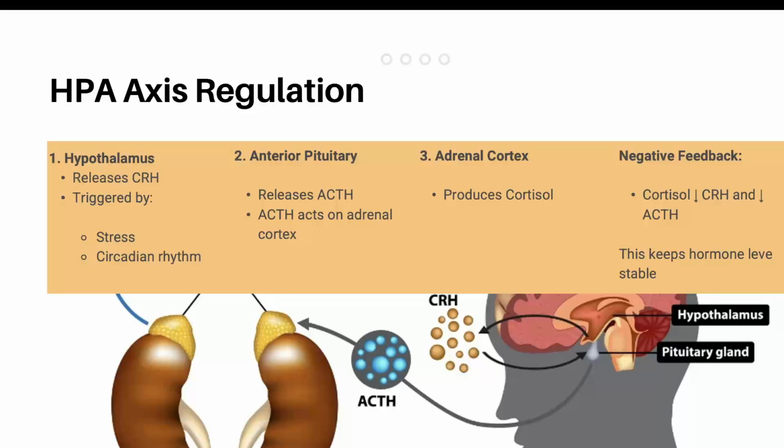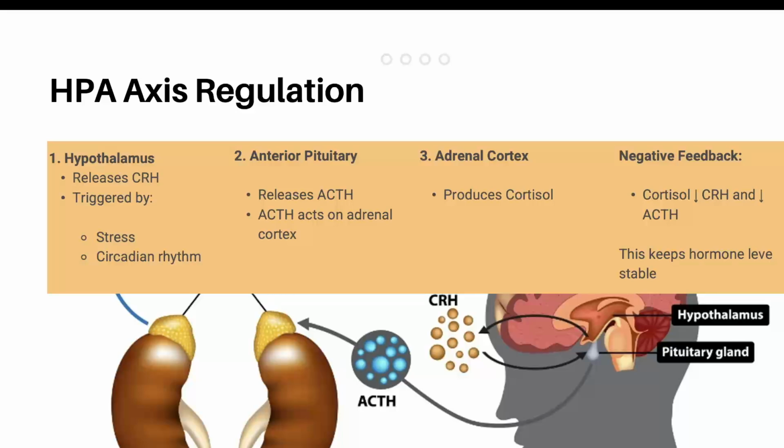releasing hormone. The corticotropin releasing hormone leads to activation of the anterior pituitary, which is another specific area in the brain. The pituitary gland, or the anterior pituitary gland, is responsible for releasing the adrenocorticotropic hormone.